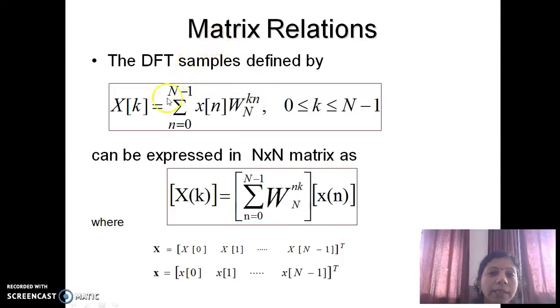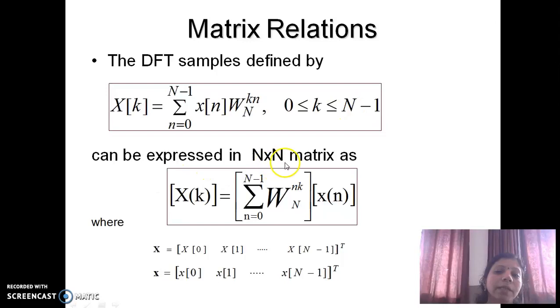We can write these DFT formulas in terms of matrices. So we have matrix relations. The DFT sample X of k, which is the output in the frequency domain, is the summation of n equals 0 to N minus 1 x of n W_N raised to kn, where k varies from 0 to N minus 1, where capital N is the number of points present in the output of DFT.